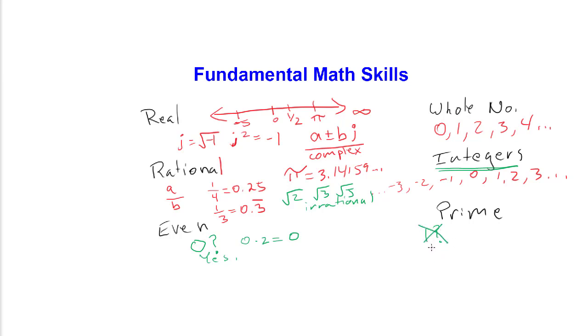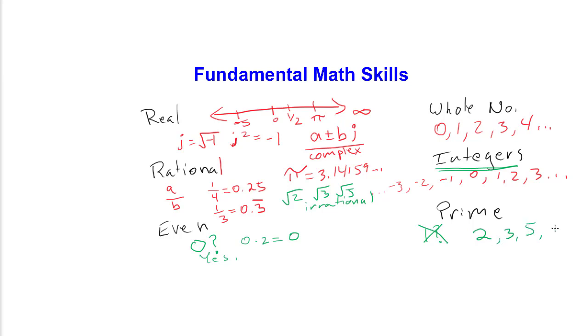It excludes 0 too. 0 and 1 are neither prime nor composite. Composite is a number that's divisible by more than 1 and itself, and of course they have to be greater than 1. So our first and only even prime number is 2. It's the only even prime, and it's our lowest prime. All other primes are odd.